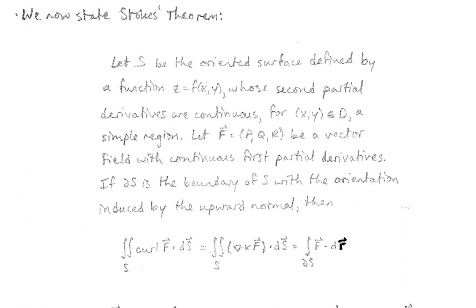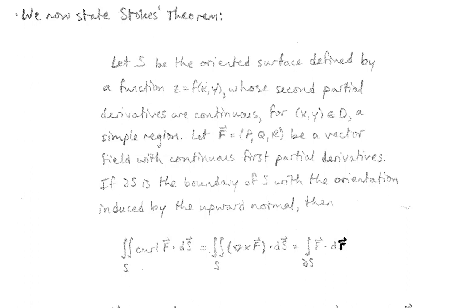Suppose we have a three-dimensional vector field, capital F hat, that has continuous first partials. And once again, partial S is going to be the boundary of S. It is going to be that portion of our surface that's enclosed by some curve.